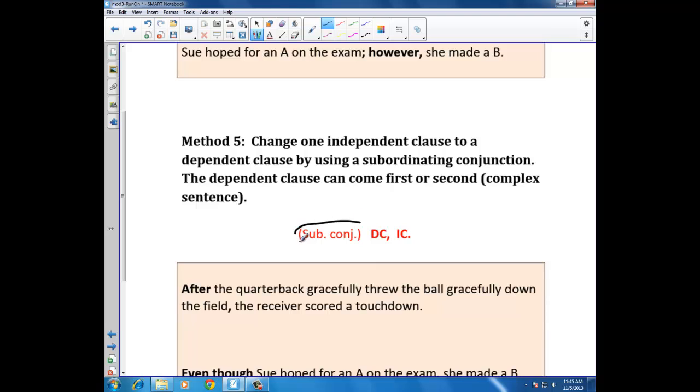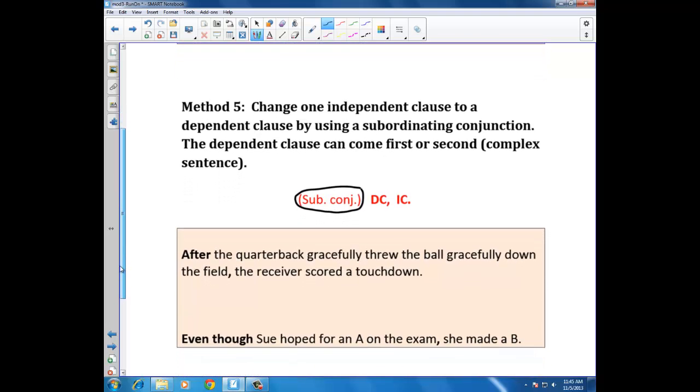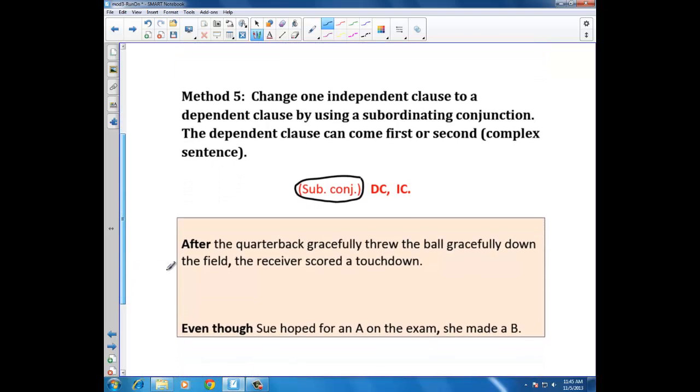The subordinating conjunction comes first, followed by the dependent clause, followed by a comma, followed by the independent clause. The comma is almost like a caution sign for the reader. You're not stopping the sentence, you're not bringing the sentence to a full stop, but you're pausing and slowing down to let the reader catch a breath before moving on to the remainder of the sentence.